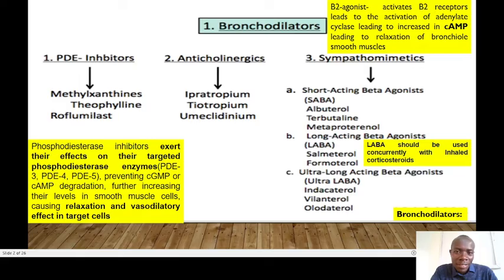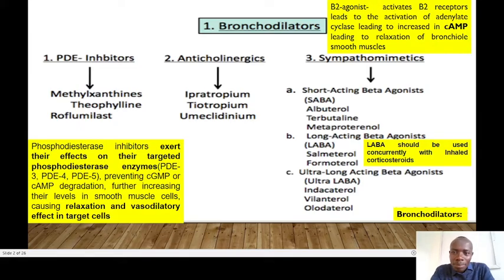So we could have drugs like ipratropium, tiotropium, umeclidinium. So just like we had looked at the sympathomimetics, also here we have the short-acting and long-acting. Okay, so we'll have long-acting muscarinic antagonist. So we'll be having the SAMAs and the LAMAs in this case.